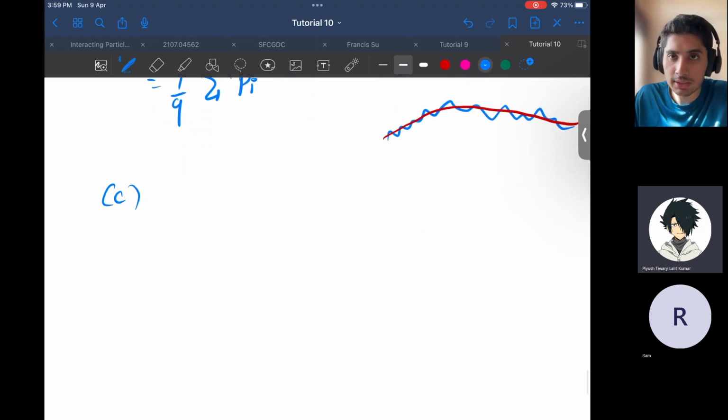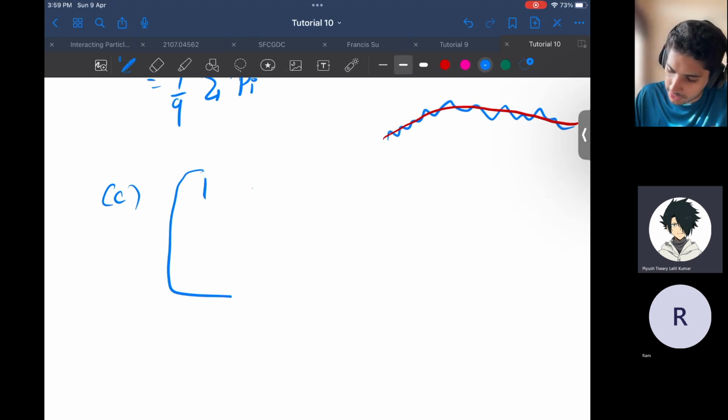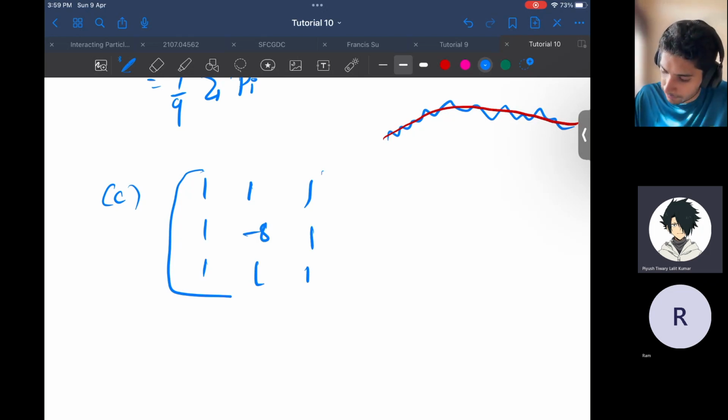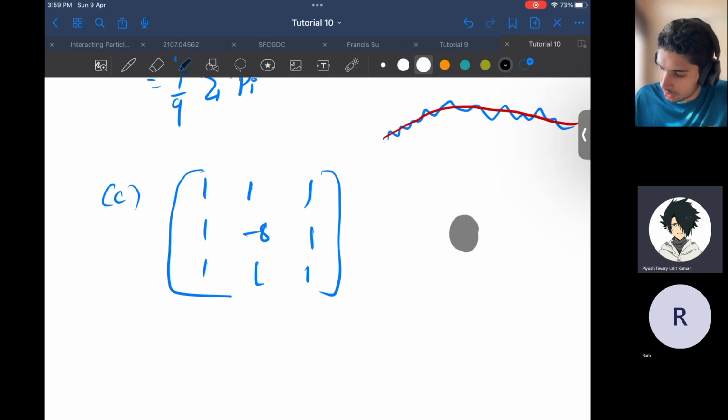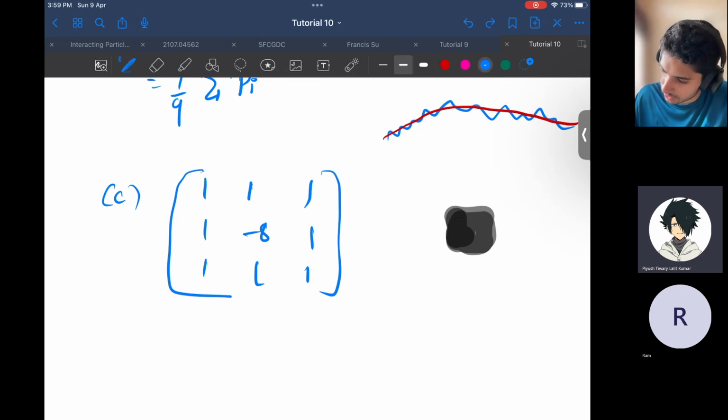There is option C, which is the correct option. What does that say? That option is interesting. It's all ones, except at the middle. So what would this look like? You have something in the middle which is very black, very dark.